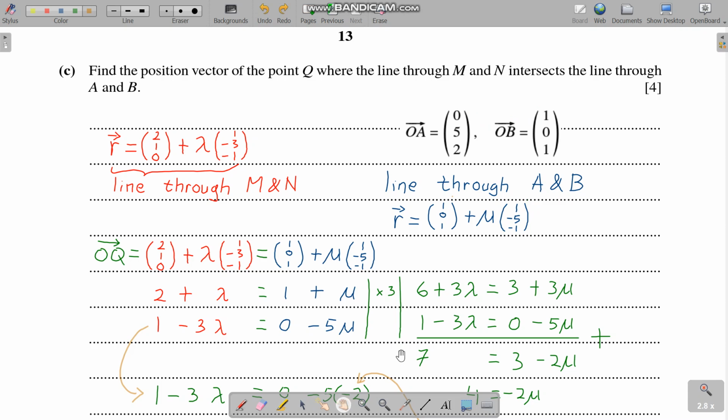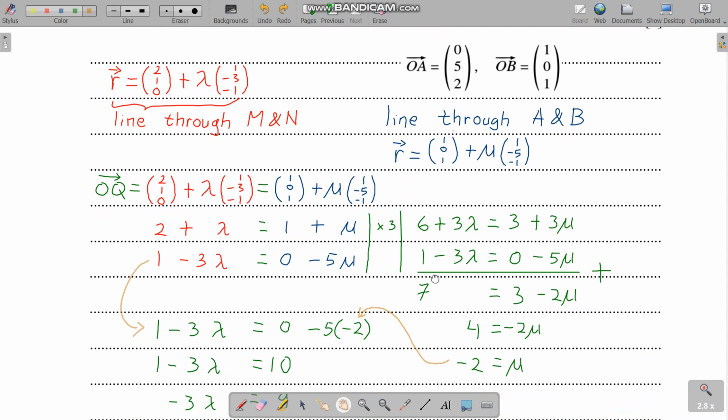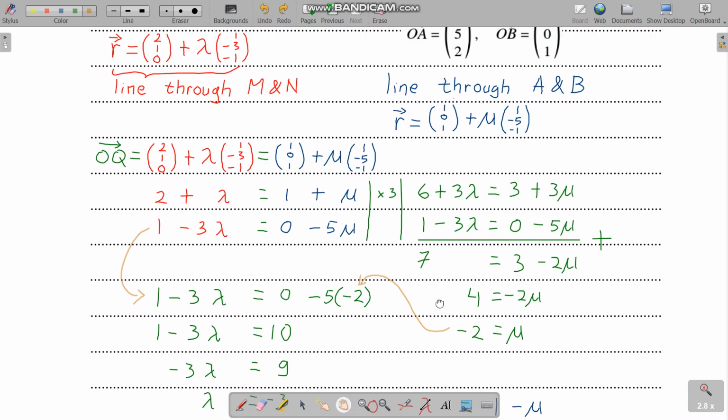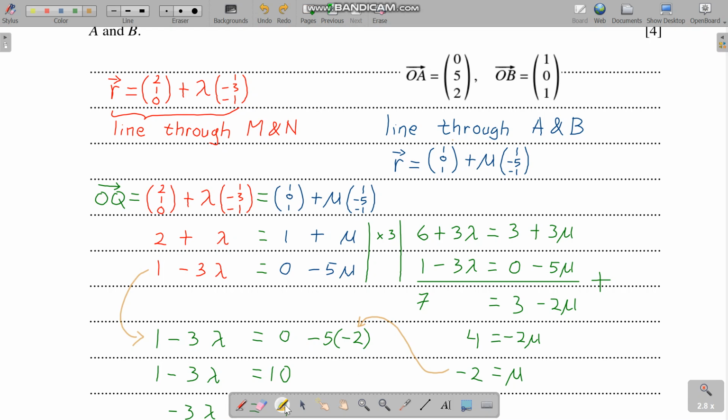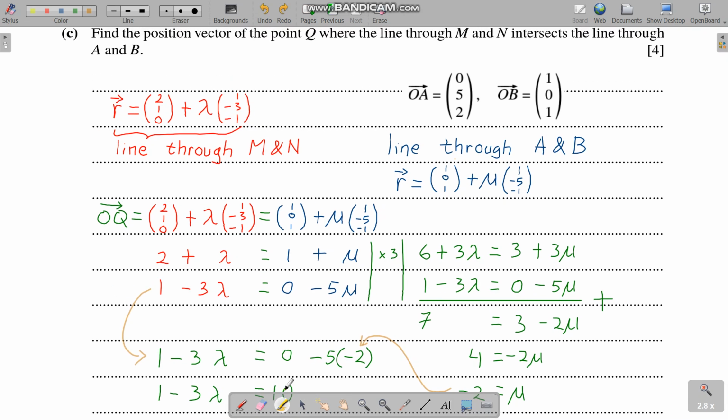So to find the intersection point, we equate both equations. If there is a point which is on both lines, then the position vector must satisfy both equations. So say Q is the position vector. It says point Q, so it's got to be on the red and the blue line.